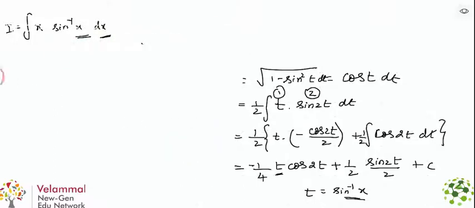Now, what I am going to do is teach you how to substitute for t. Okay, leave this. Cos 2t, you know, is 1 minus 2 sine square t.